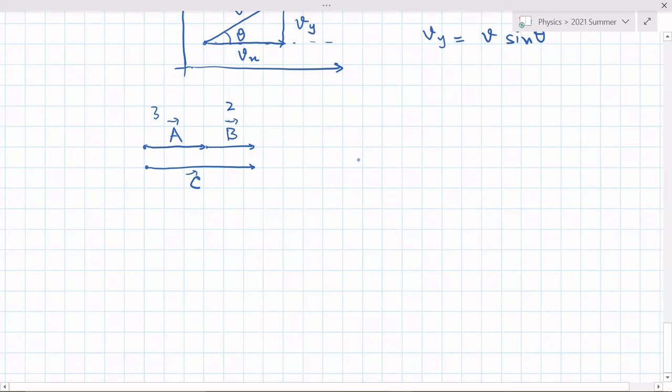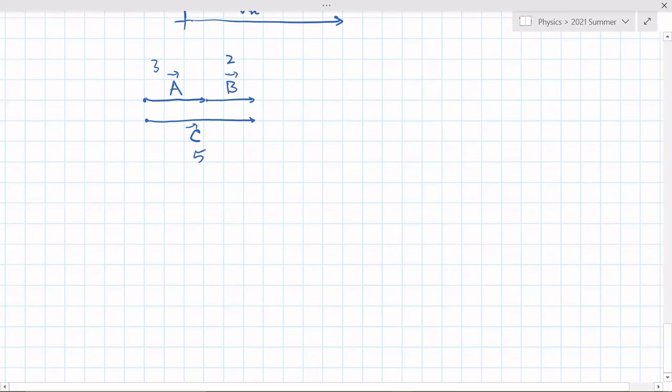So C is 5 along the same direction. So when two vectors have the same direction, you can simply add their magnitudes and that's the magnitude of the result, and the direction doesn't change.